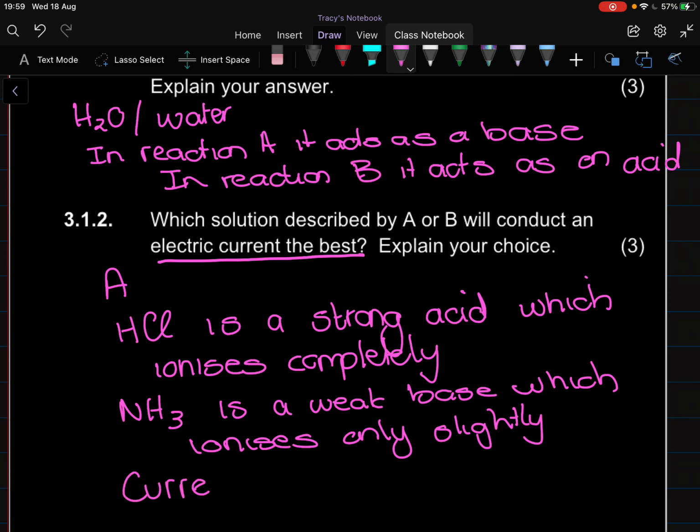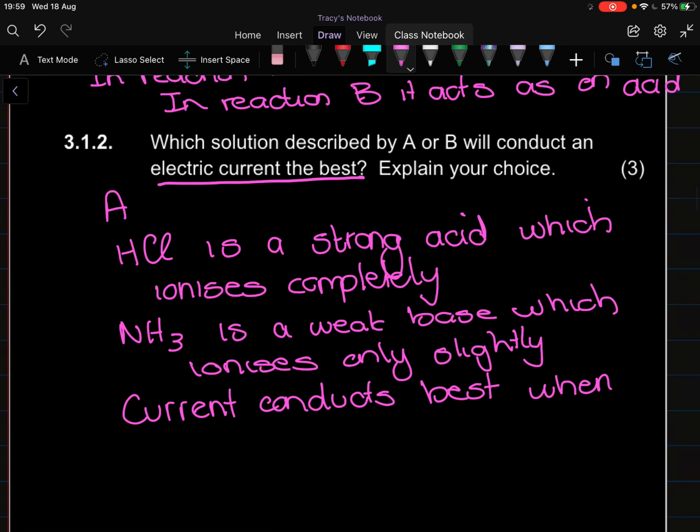Current conducts best when, I'm just adding this in so you really get what we're doing, when there are a lot of ions. Okay? That's not so bad. We like that. 3.1 done.